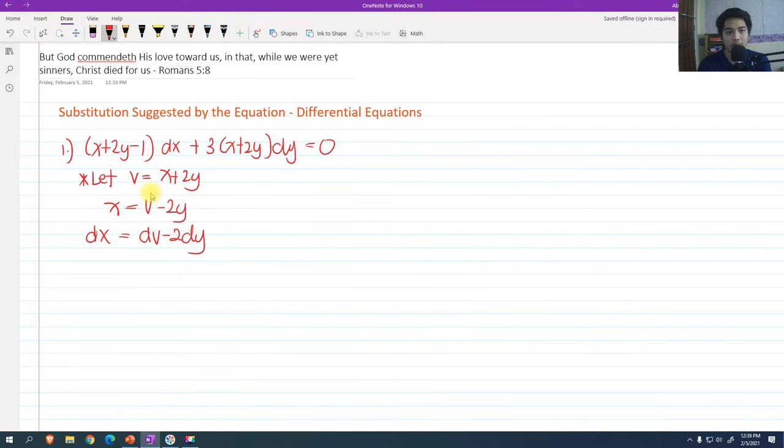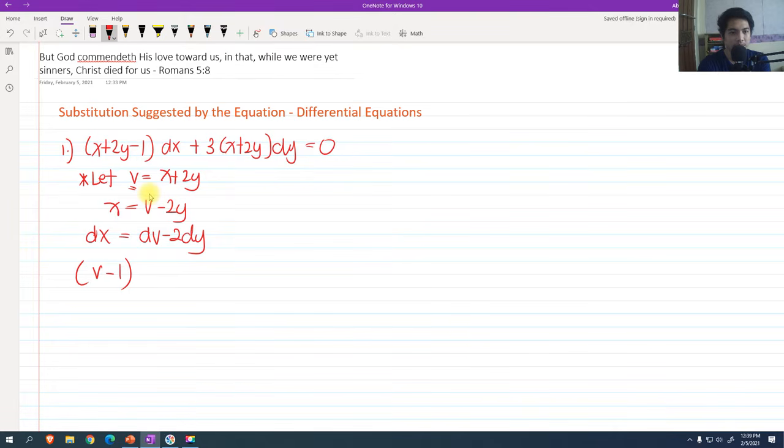Upon doing this, we can easily substitute the variable v, and we are going to have v and dy at the end of the substitution. So we have x plus 2y as our v. This can be rewritten as v, which is x plus 2y, minus 1.